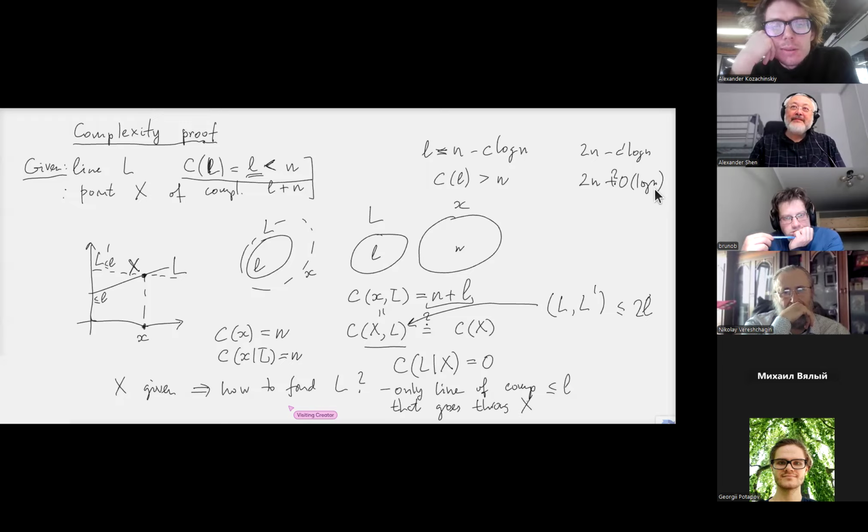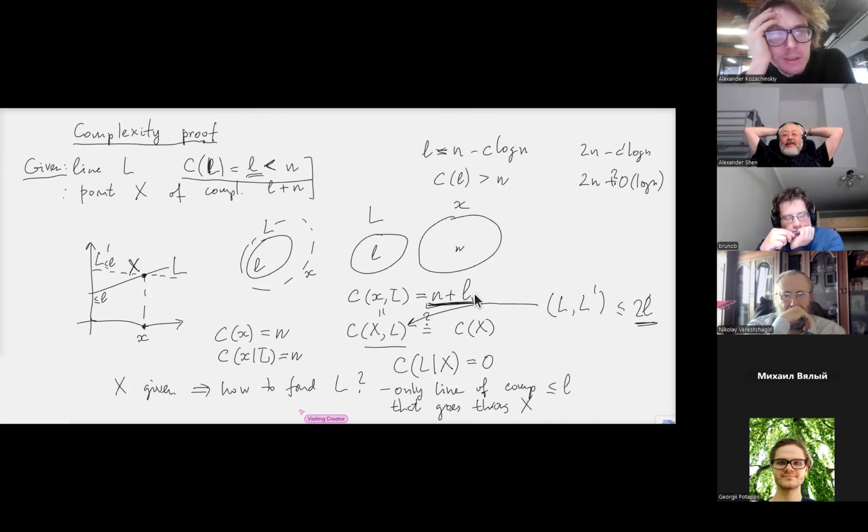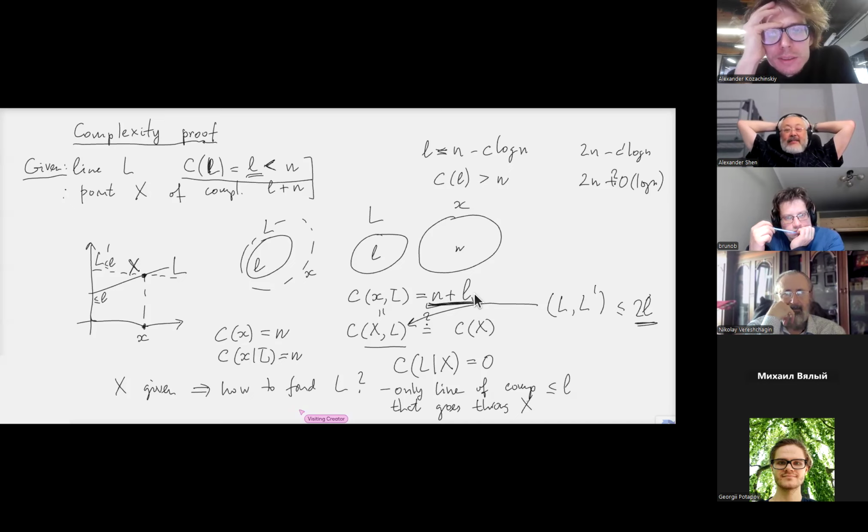Okay, let's see what happens with this proof. Nothing good, because we have 2L here, and now we cannot compare it with L plus n.